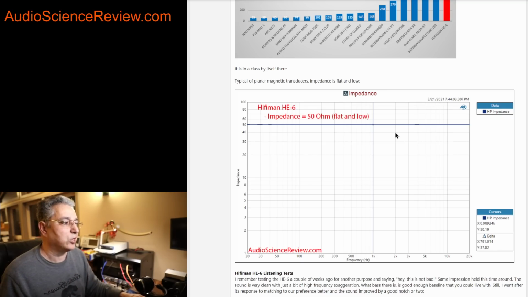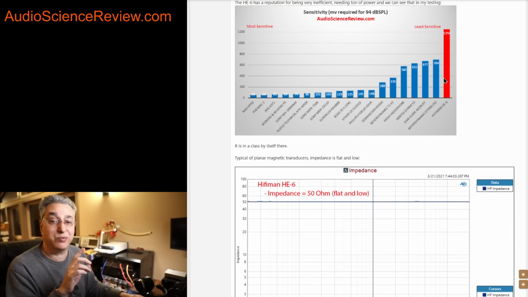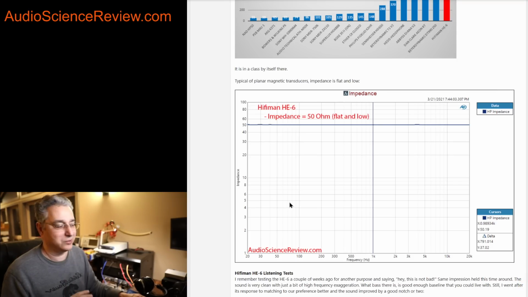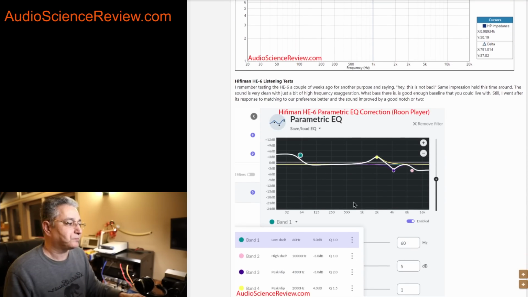So it's not a problem. This headphone doesn't care if you use a tube amp to drive it. But I can tell you it's so inefficient that the tube amp would crumble and die on the load, the amount of current this thing needs. Tube amps tend to be okay for high impedance headphones, but for low impedance, they're just deadly.